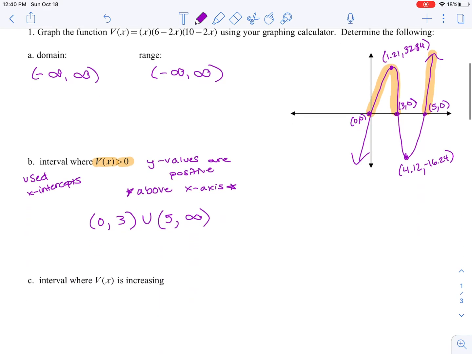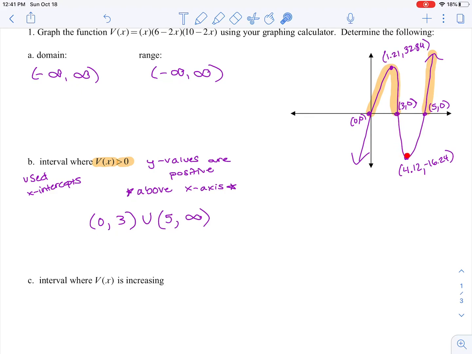All right, now the next question asks us to find where our function is increasing. So remember, that means that from left to right, my y values are getting bigger. So if I trace my graph, where are my y values getting bigger? Well, they're getting bigger right now until I get to this local max, and then they're going to start getting smaller again, right?